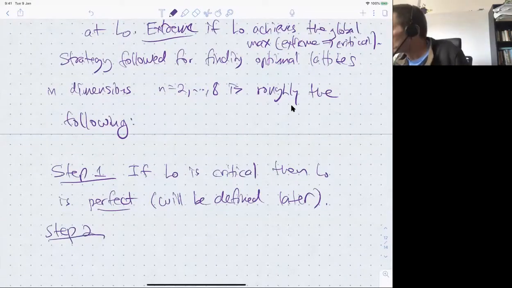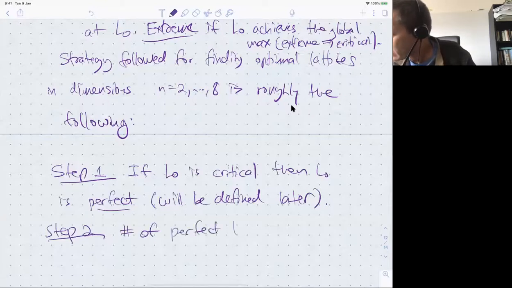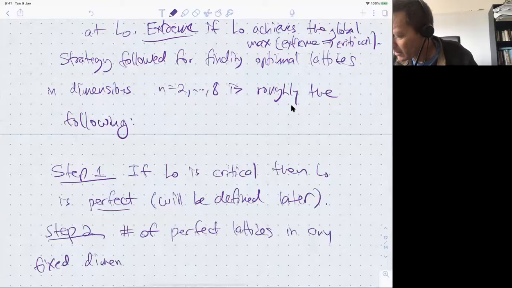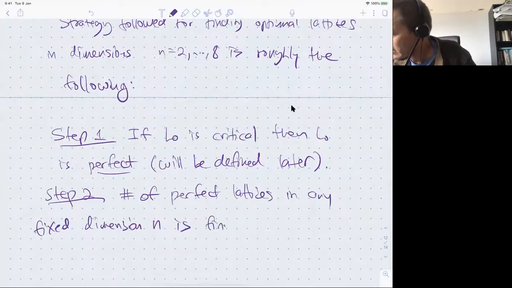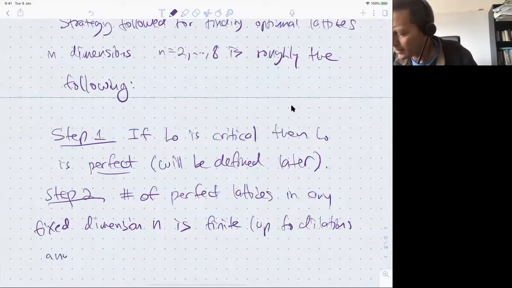Second step of the proof, you show that the number of critical lattices, of perfect lattices in any fixed dimension n is finite up to dilations and orthogonal transformations.